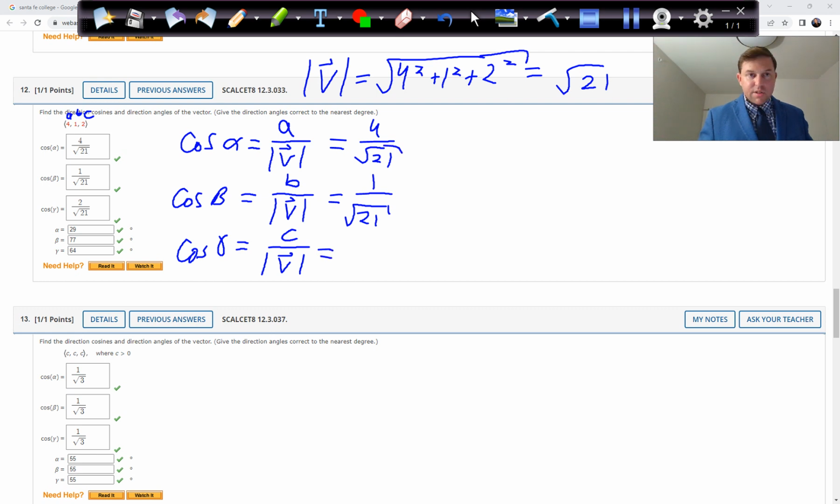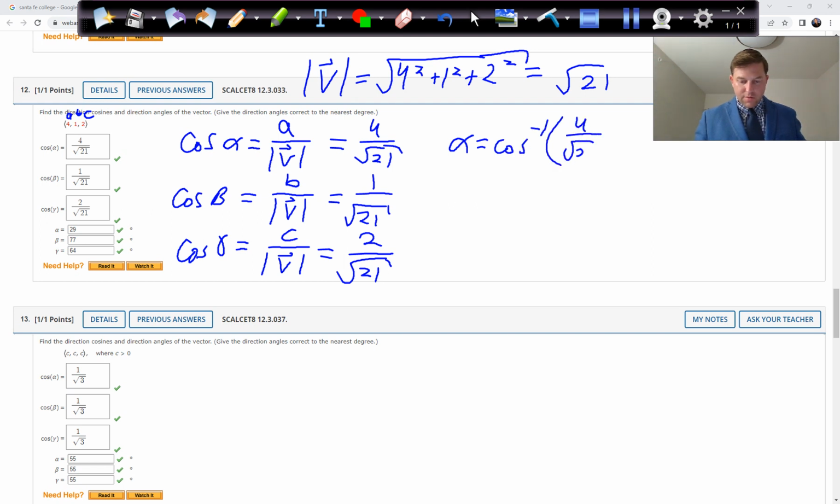And then the cosine of gamma is 2 over the square root of 21. Okay, so we get those three answers there. And then you have to perform that calculation. So to find these three different angles, you would take alpha is the arc cosine of 4 over square root of 21.